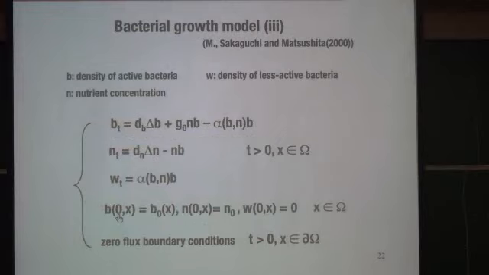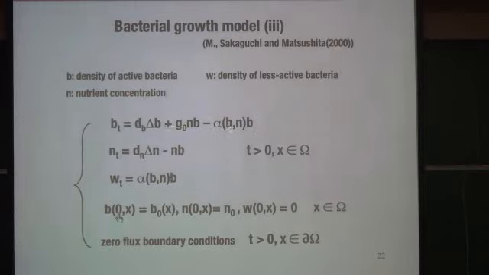So now this is the third model, which I developed with a former student and an experimentalist. B is the density of active bacteria, W is the less active, and N is the nutrient concentration. The equation is almost similar, except for alpha.